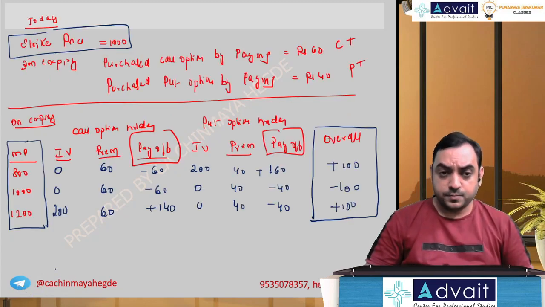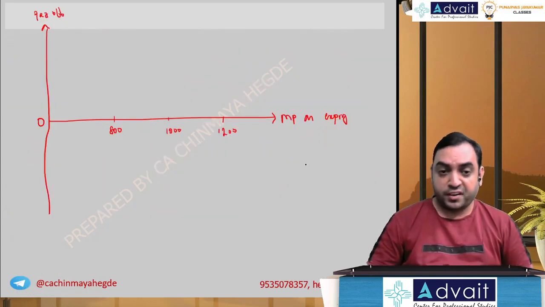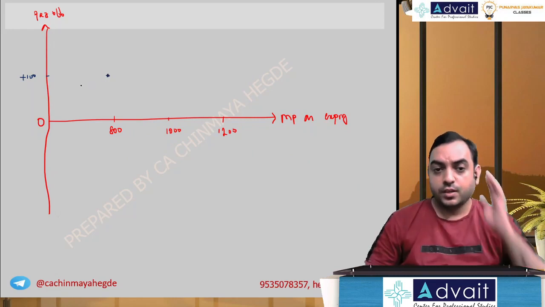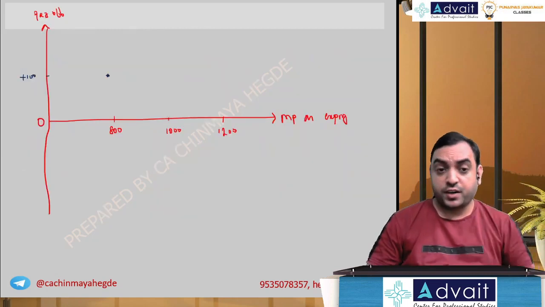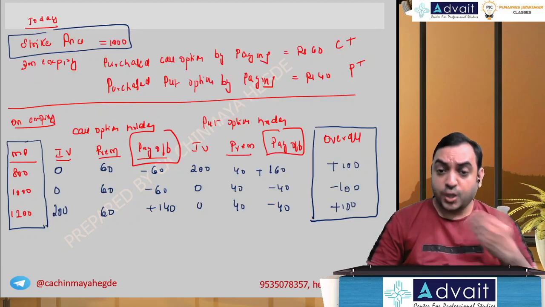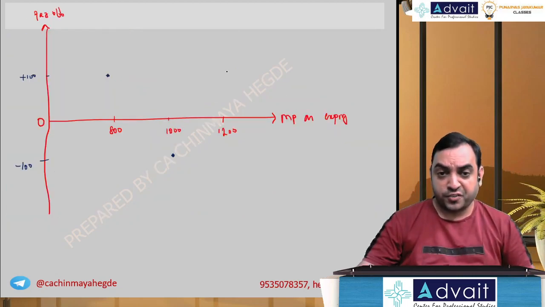For 800, you have a profit of 100. So when the market price is 800, you get a profit of plus 100. Let's say this is the point. When the market price is 1000, you get a loss of 100, so minus 100. And when it's 1200, again you have a profit of 100, which will be something like this.